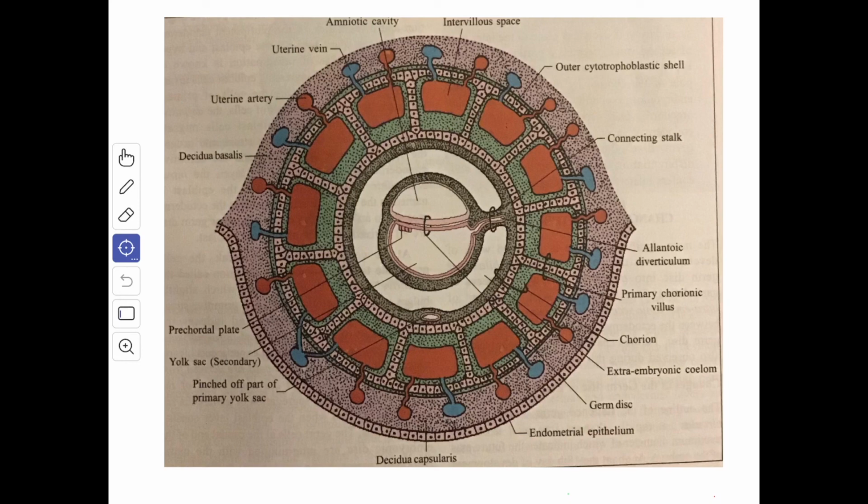By the end of the second week, the blastocyst cavity, now called the chorionic cavity, contains two hollow vesicles, the amniotic cavity and the yolk sac, which are suspended from the wall of the chorion by the connecting stalk. Both the vesicles are surrounded by the extraembryonic coelom, and the area sandwiched between the two vesicles, between the floor of the amniotic cavity and the roof of the yolk sac, forms the bilaminar germ disc or the embryonic area.